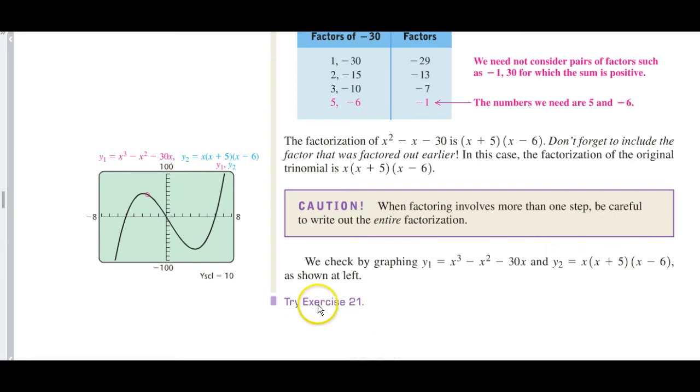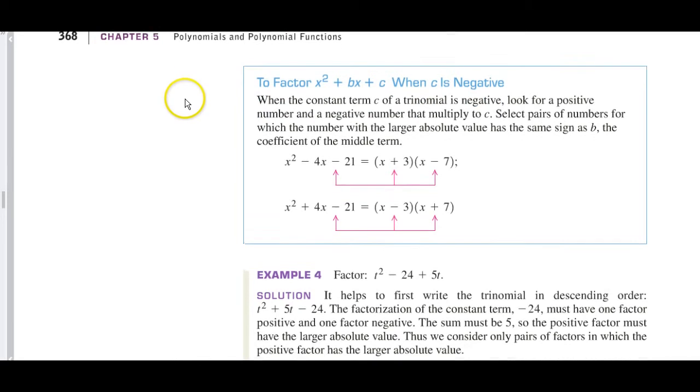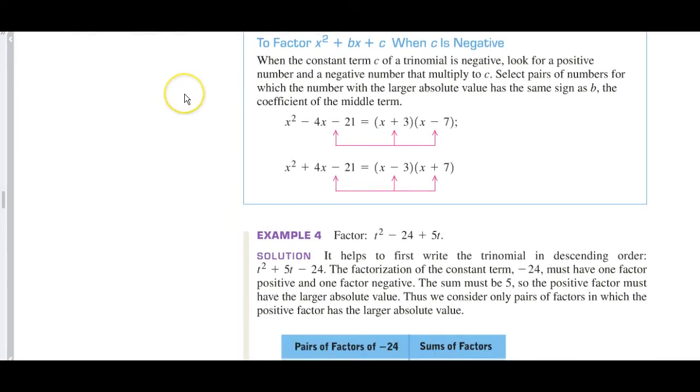And you'll have some exercises to try. Now, here are some others. And again, the strategy, once again, put them in standard form, 2 sets of parentheses, factors of 21 that here have a difference of 4. Well, 3 and 7.